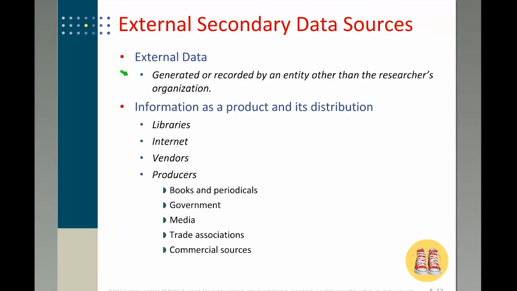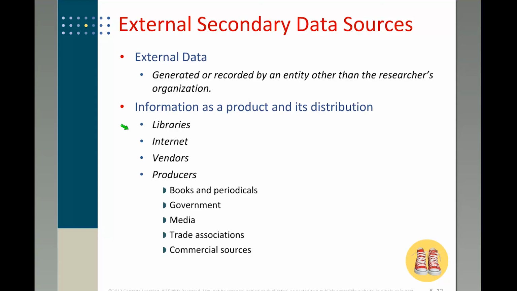Here's what I do want to let you know about external secondary data sources. Okay, so for the external secondary data, there are two main categories. One is free from the internet. The government and a lot of organizations do collect data and make it publicly free.